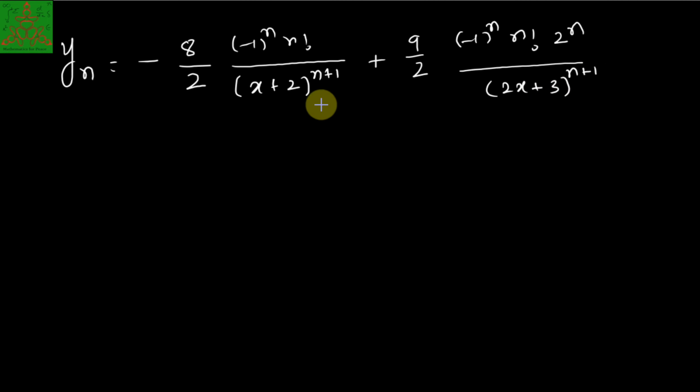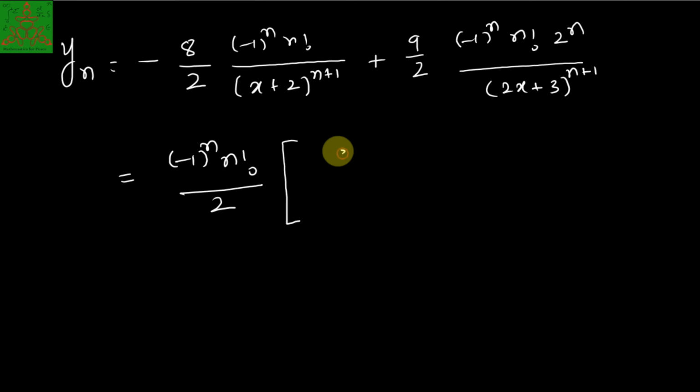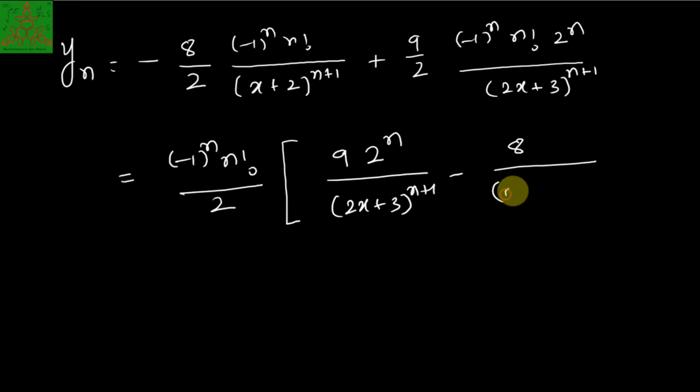So finally you can see the expression for the nth derivative of the given function: minus 1 raised to n into n factorial is common, and this 1 by 2 is also common. You can write this term here, that is 9 into 2 power n upon 2x plus 3 power n plus 1 minus 8 upon x plus 2 power n plus 1. This is the nth derivative of the given function.